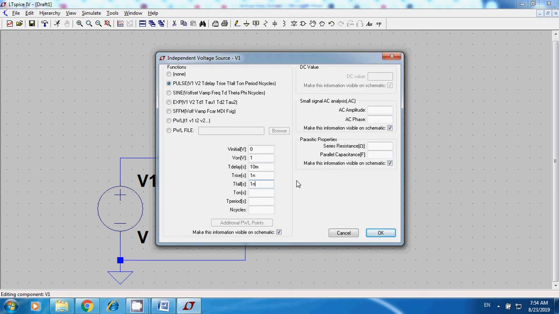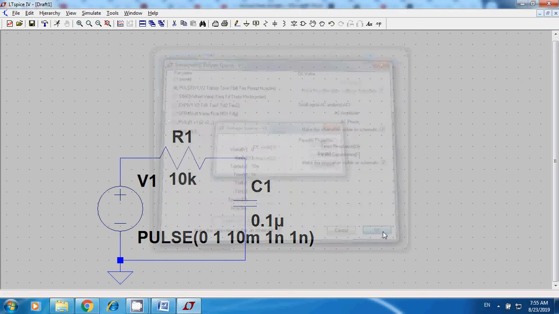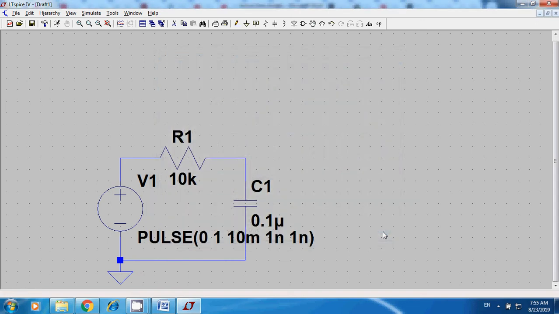T on, you don't care about it. T period, if you want a pulse train, you can put the period or the pulse width. But this one, when we turn on, you simply apply 1 volt of supply voltage for the rest of your time. So I'm done with this. I'll click OK.